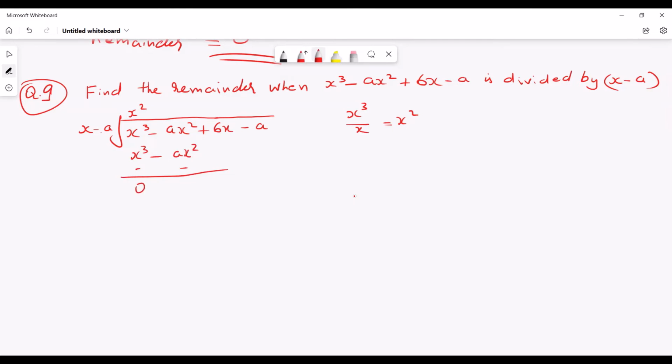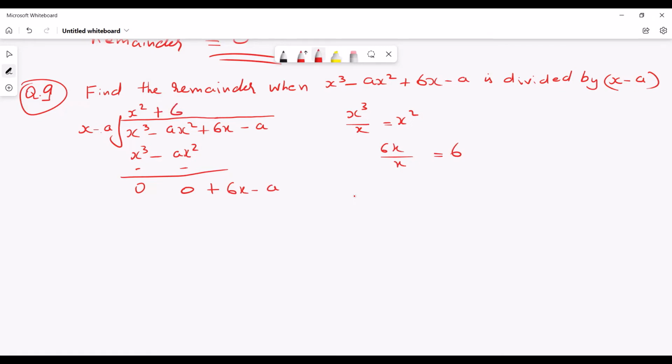Minus a x square minus a x square is also 0. Now write down the remaining term. The remaining term is 6x minus a. Divide 6x by x. So you will get 6. So this will be plus 6.